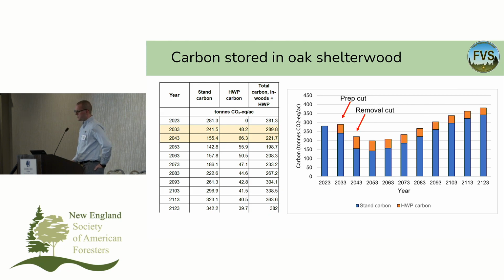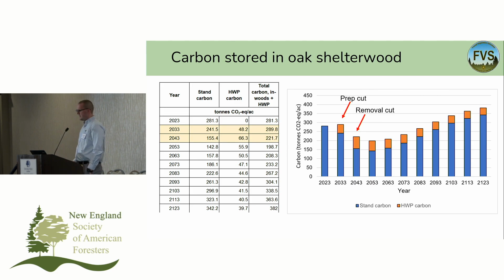Blue shows the amount of carbon in the stand, and orange is everything that's in the harvested wood products. This is a shelterwood treatment, so we're going to do two cuts. We're going to do a prep cut in 2033, and you can see immediately we get some carbon stored in wood. Then we're going to add some more carbon in that harvested wood pool when we do the removal cut in 2043.